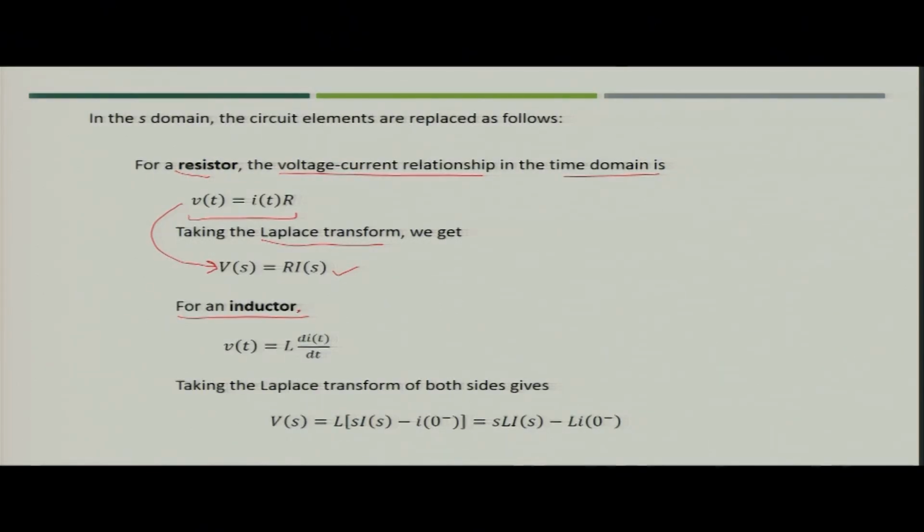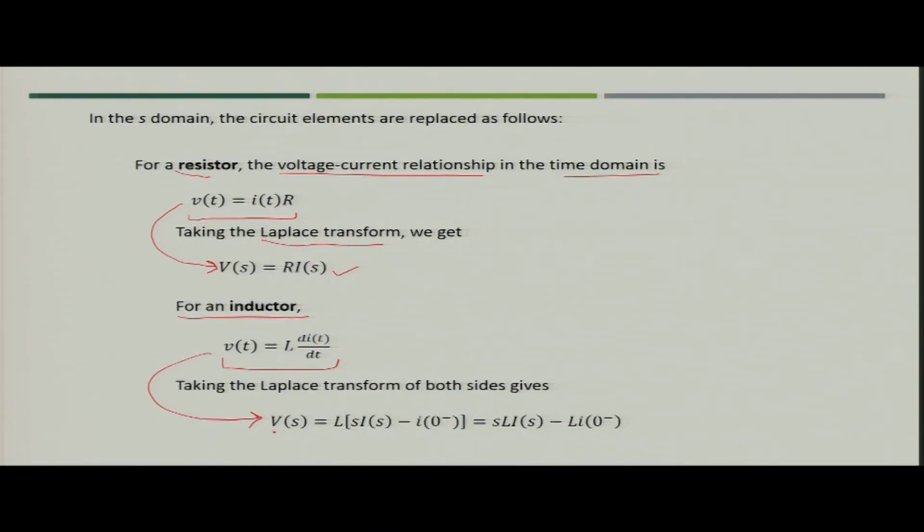Now, for an inductor, the voltage across the inductor is given by L di/dt. We will use the time differentiation property, which we discussed in the previous classes when discussing the properties of the Laplace transform. We convert this time domain equation for the inductor into the Laplace domain, that is, the S domain.